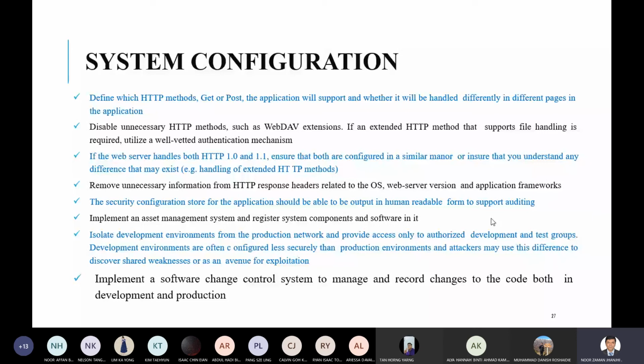We need to be careful about the operating system we are using, and see that everything is updated and patches are applied. And we need to be careful about cookies, the GET and POST methods, and so many things. Again and again I'm repeating that this is a vast list, hundreds and thousands of items, but we are just discussing a few of them for your brainstorming and better understanding.